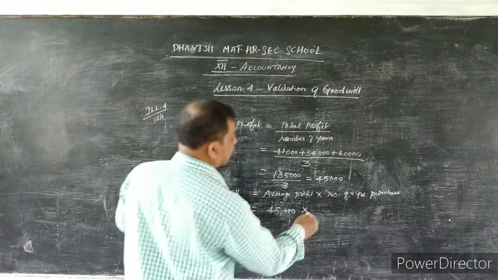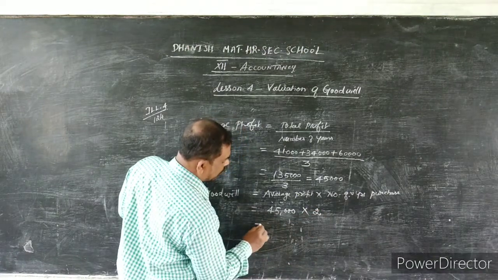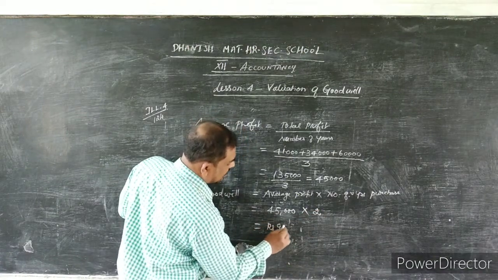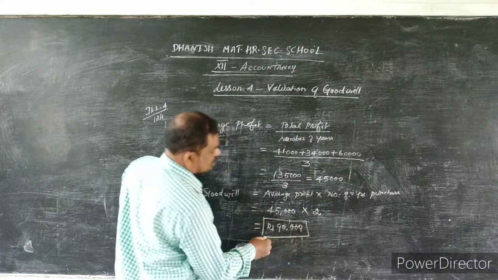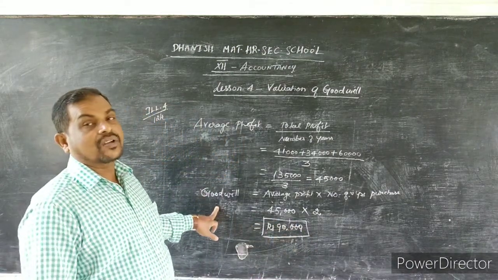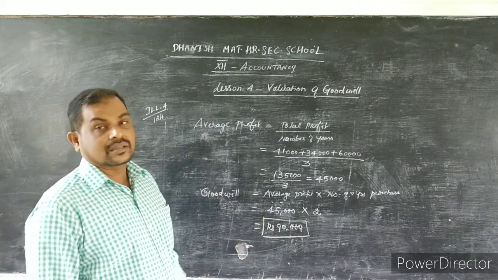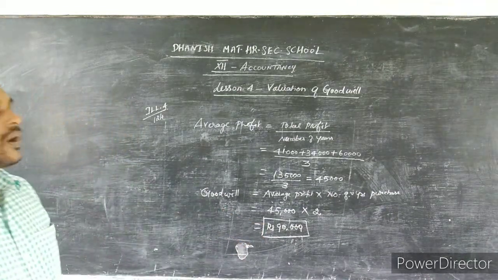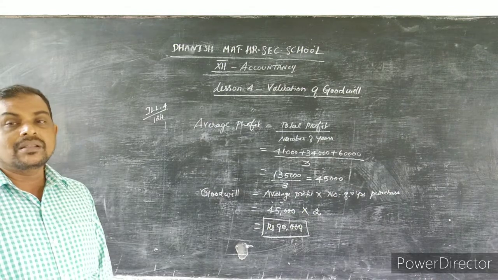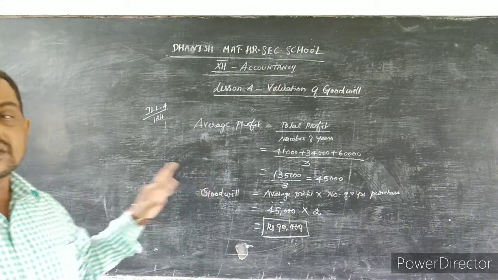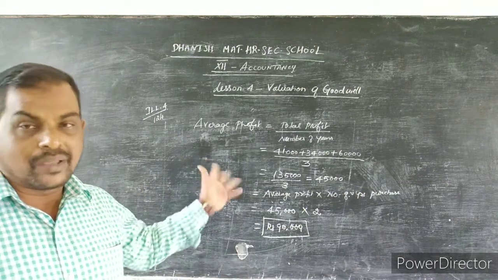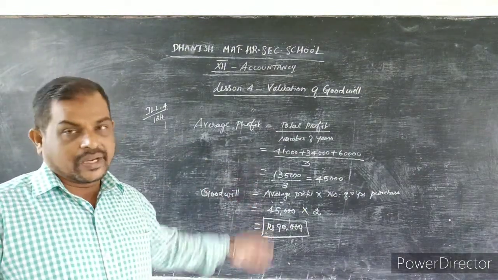So you have to multiply with 2 years. So rupees 90,000. This is the valuation of goodwill. Now let us see the next example, the same model. This sum maximum they will ask in 3 marks, sometimes in 5 marks also. Very important sum. Note it down.